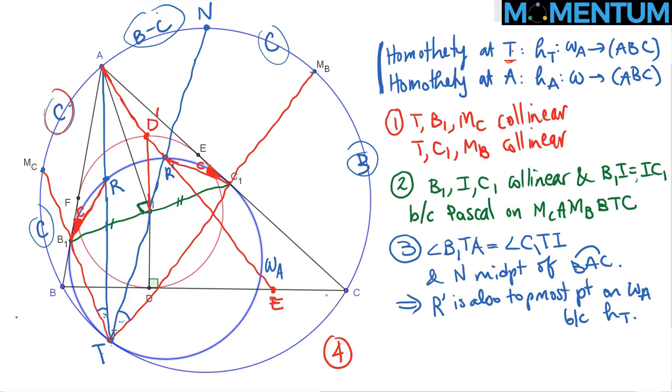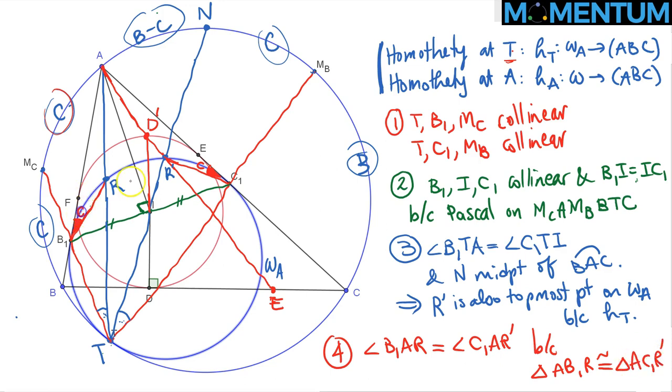The 4th result, I claim that angle B1AR is congruent to angle C1AR prime, and simply because of congruence of triangles: triangle AB1R is congruent to triangle AC1R prime.